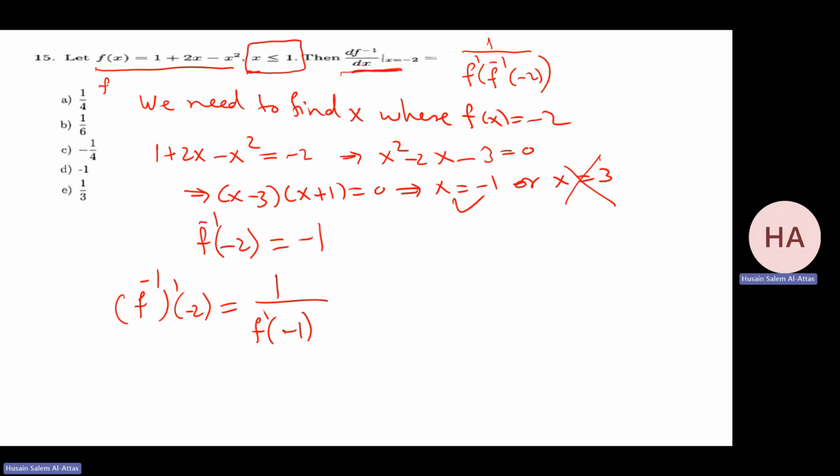And by the way, what is f prime? Easily 2 minus 2x. So that will be 1 over 2 minus 2 times minus 1, which is this answer. So we apply just the formula, but I need to find f inverse in this case.